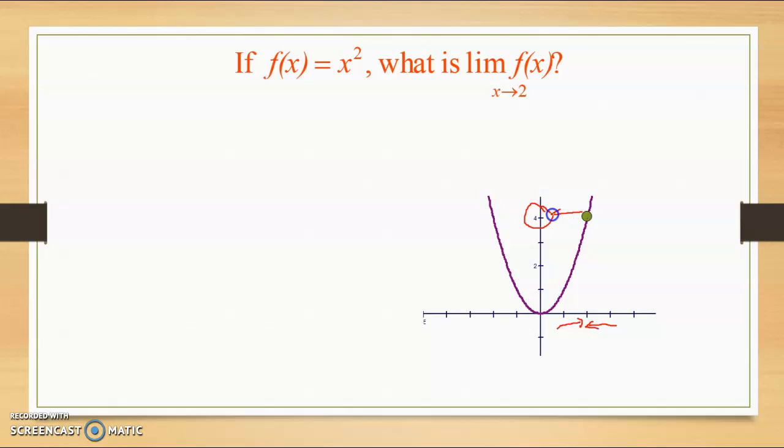So that's the value of the limit. The limit of x squared as x approaches from the left and the right has the same value. We can conclude that the limit of x squared at 2 is also 4.